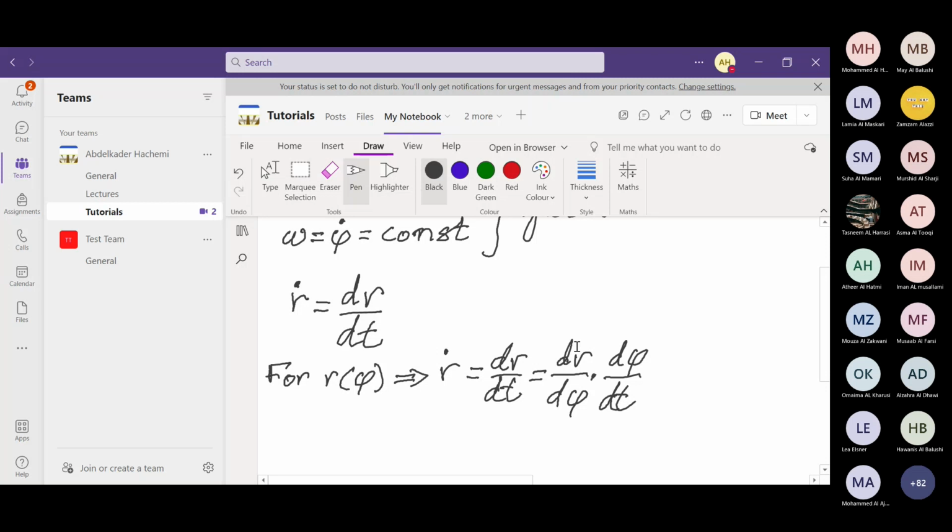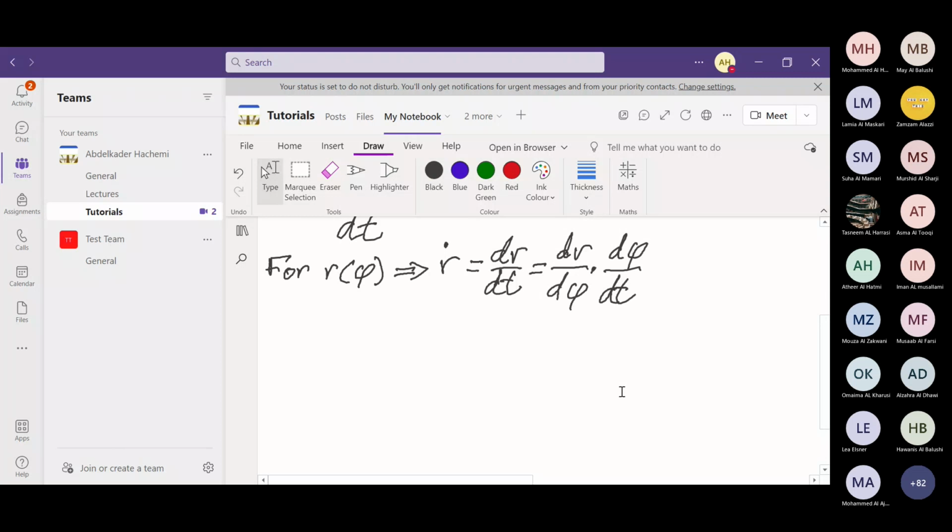That means we can write this as dr over dphi multiplied by phi dot.